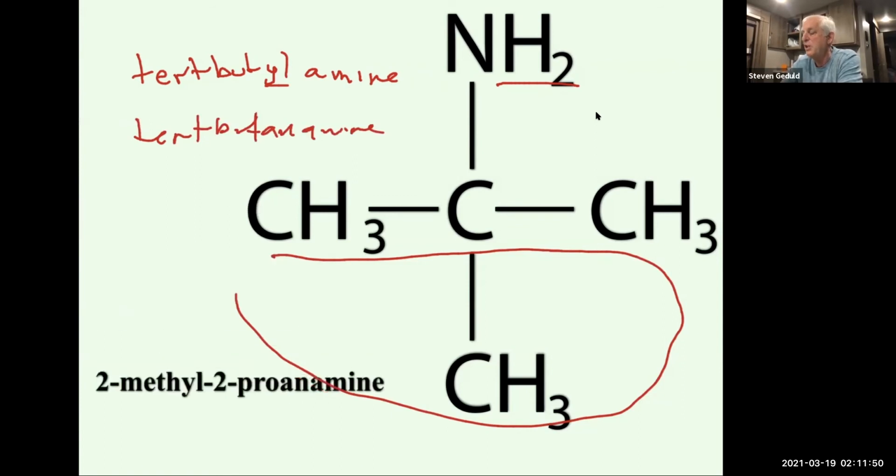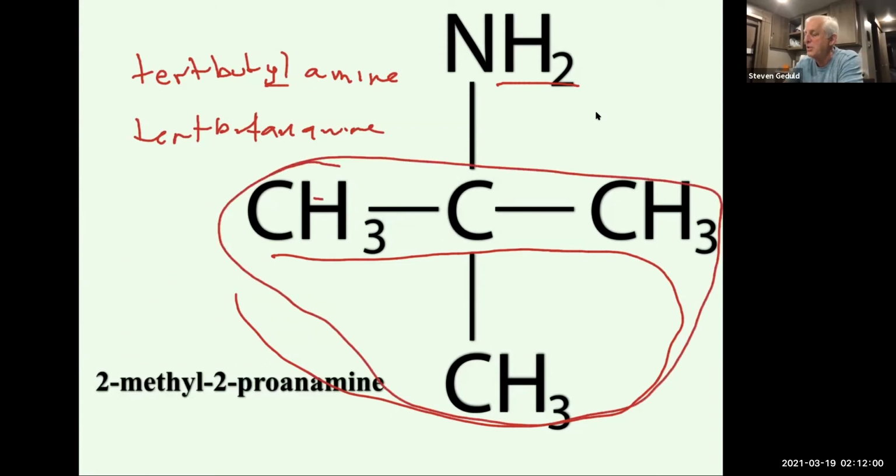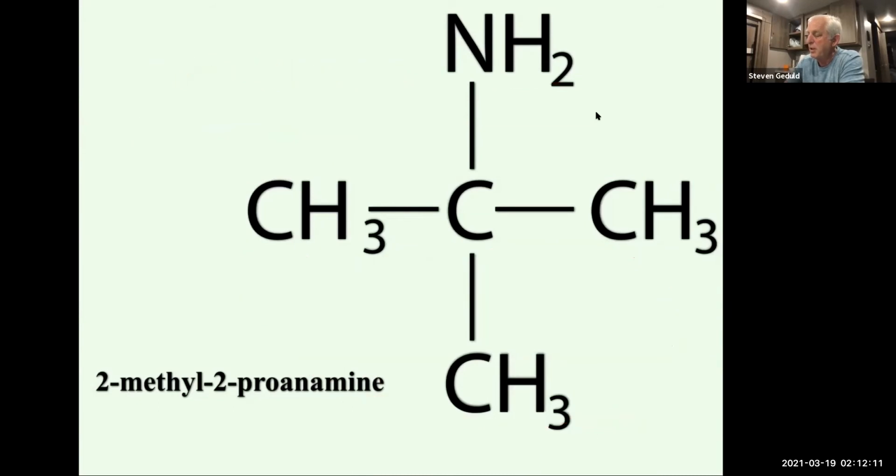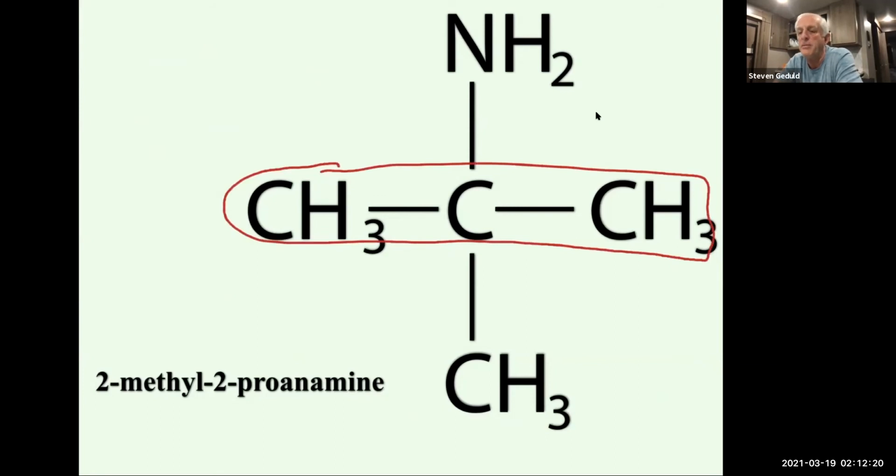Okay. Or you can name it according to how they broke it down. So you can recognize this as a tert butyl group right here and name it according to what we just did, or you can recognize it as 2-methyl 2-propanamine, because here's propane. I'd accept tert butyl as an acceptable abbreviation for this group, or you can name it according to your longest carbon chain. So it's propane.